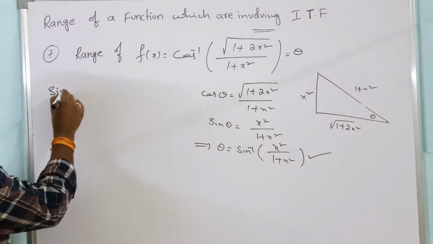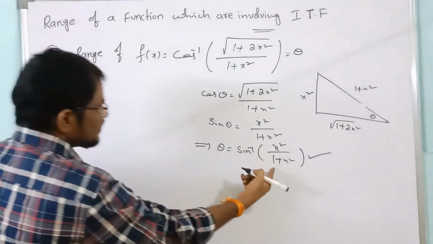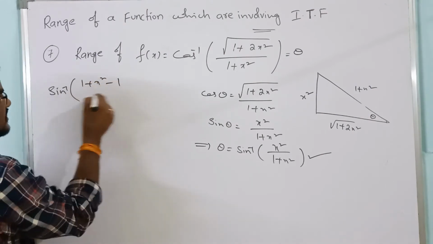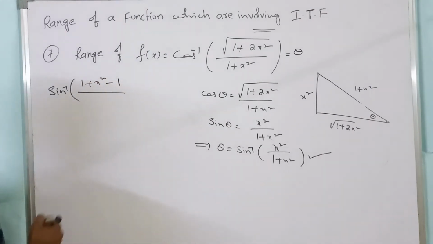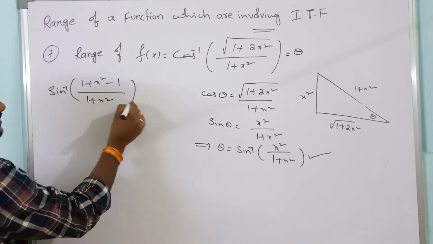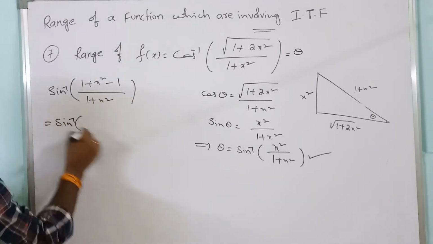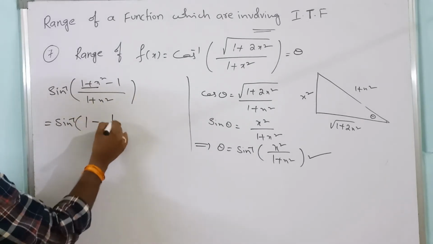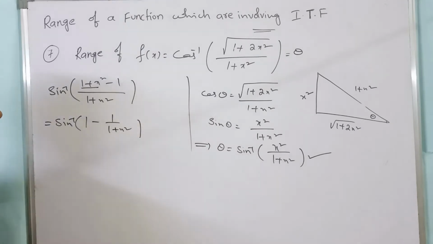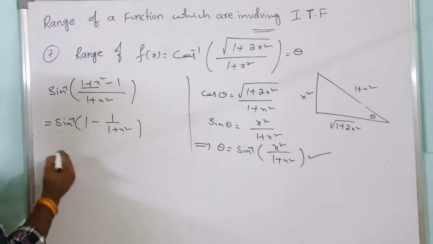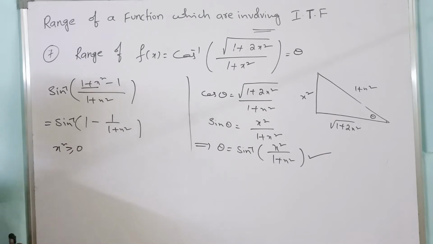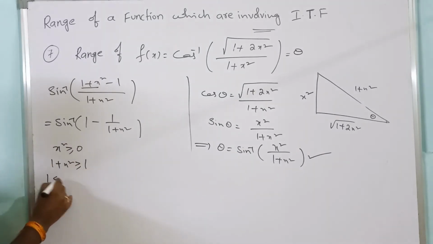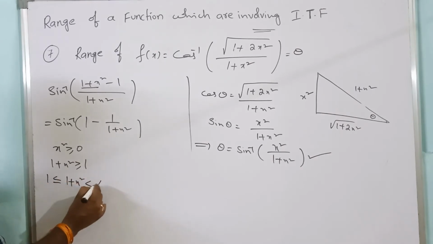Now this sin inverse of x square by 1 plus x square, I will simplify further like this: adding 1 and subtracting 1 in the numerator, 1 plus x square minus 1, divided by 1 plus x square. That is equal to sin inverse of 1 minus 1 by 1 plus x square. Now x square is greater than or equal to 0, so 1 plus x square is greater than or equal to 1. So 1 is less than or equal to 1 plus x square, less than infinity.